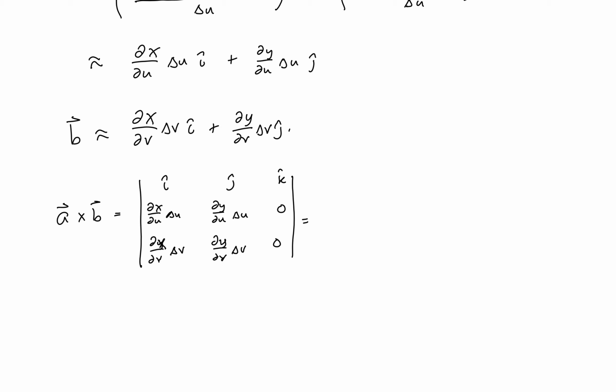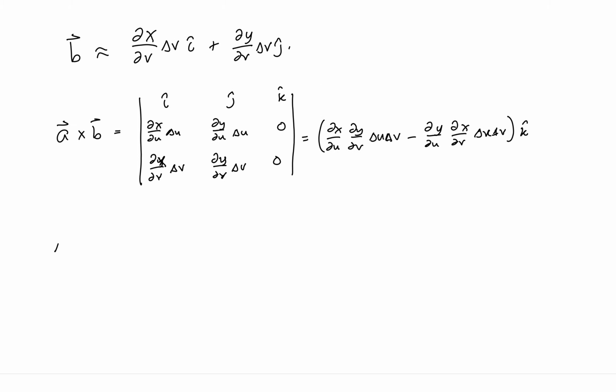If we do the cross product, this is delta x over delta u, delta y over delta v, delta u delta v, minus delta y over delta u, delta x over delta v, delta u delta v, in the k direction.